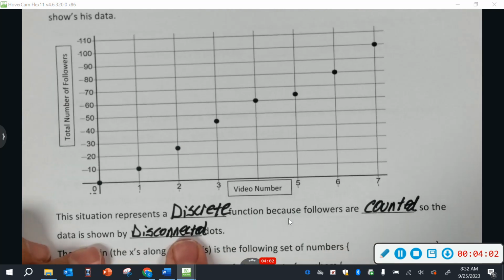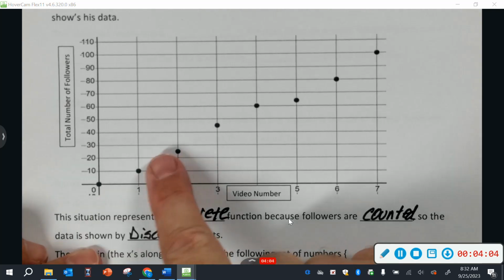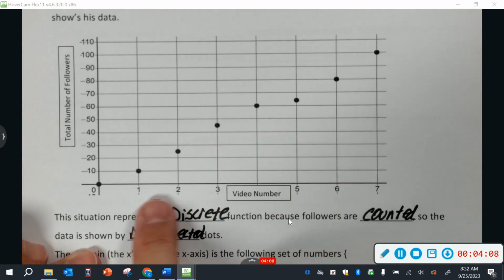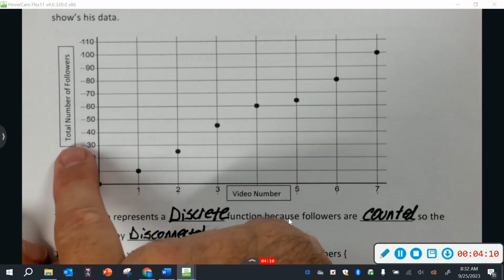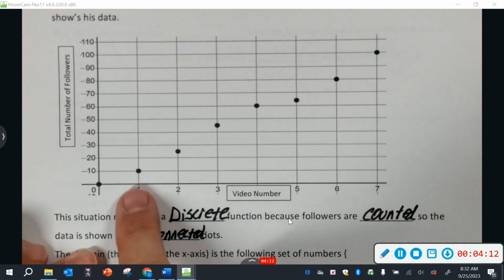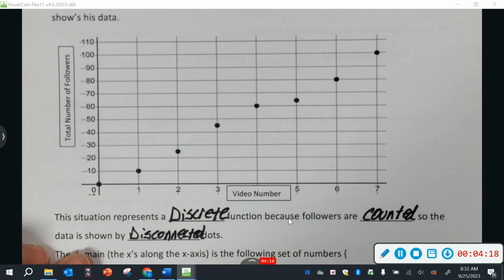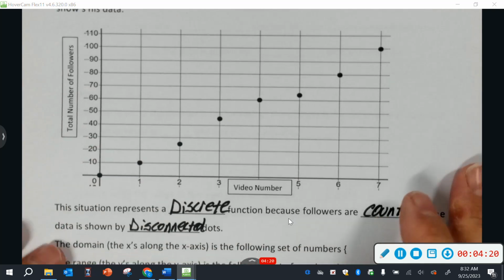Again, we do not connect these dots because we count the number of videos, we also count the number of followers, and it doesn't make sense to have half of a video or to have half of a follower, okay?